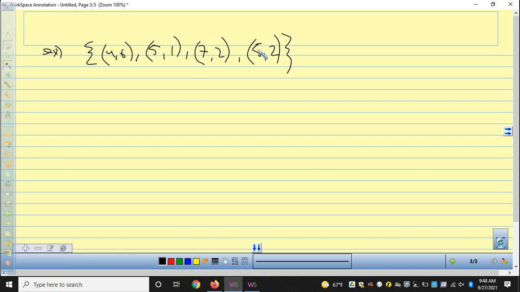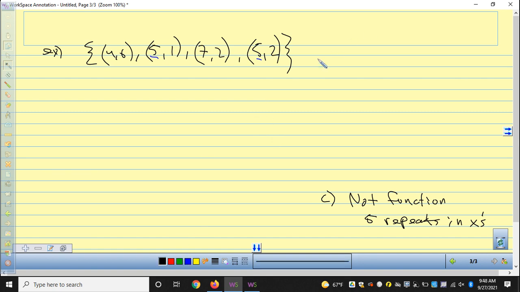So I have a repeat in the x. So that means part C is going to be no, not a function, because we have repeats in x's. Because I have a 5 here and a 5 here. So I have a repeat there.